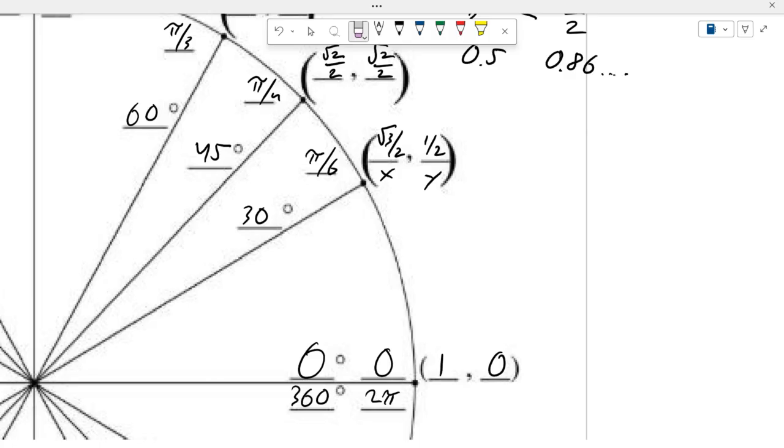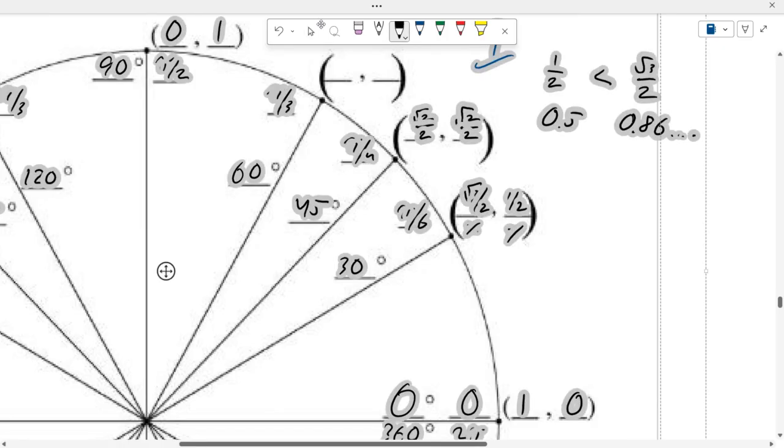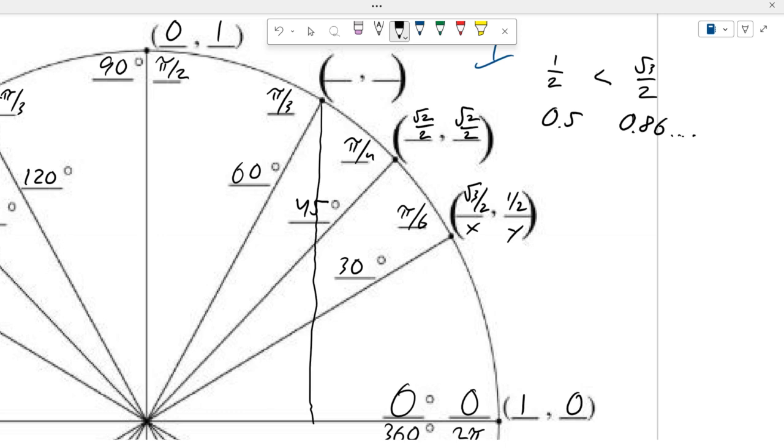That's how you can figure out what goes where, okay? Think about the size of the triangle that gets formed. And this one is a wide, short triangle. So the x value is going to be the larger value, and the y value is going to be the smaller value. Guess what's going to happen at 60 degrees, which is pi over 3 radians. You do the same thing. Now you don't actually draw the triangle, just try to visualize it in your head, okay? And I'm having trouble drawing straight lines on the surface.